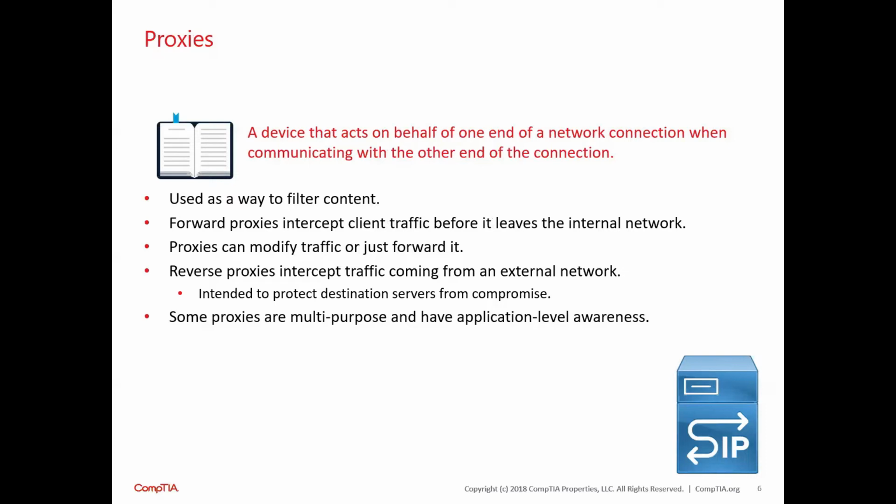A reverse proxy will intercept traffic coming from an external network and is intended to protect the destination server from compromise. And some proxies are multi-purpose proxies, which allow you to have application-level awareness.